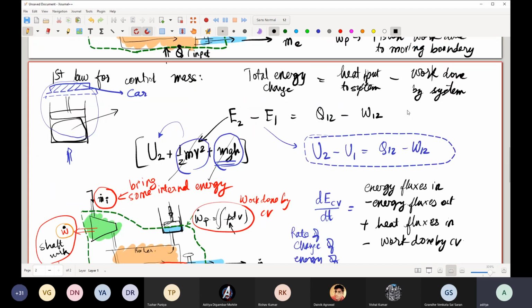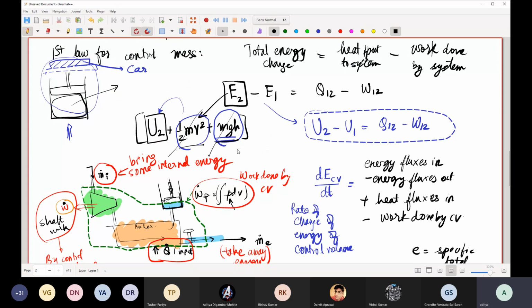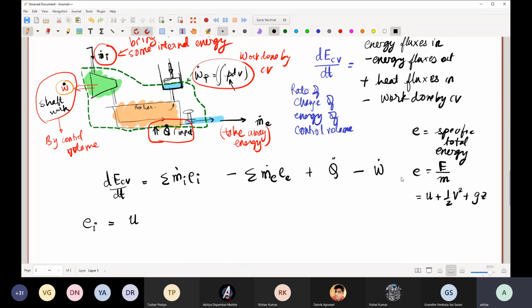Very much like this, the total energy was internal energy plus kinetic energy plus potential energy. What is small e going to be? It is capital E over mass. So that is going to be the specific internal energy plus half V squared plus g z. It is the total quantity divided by mass. That is the same definition of the specific quantity. Okay, is that fine?